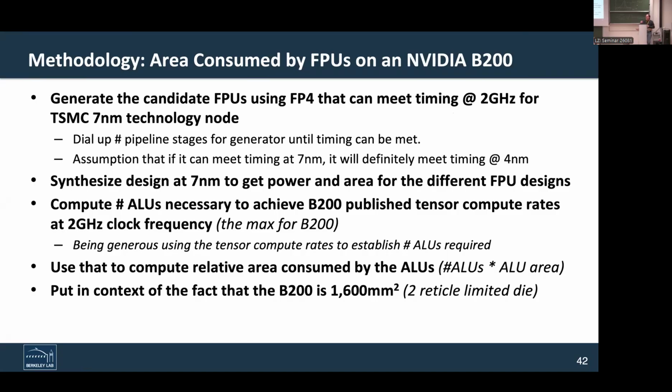The assumption is that if we can meet timing at 7 nanometers, it'll still meet timing at 4. We don't have access to a 4 nanometer PDK, so we projected forward what the area is when you shrink it. Going from 7 to 4, you're shrinking it by about half.